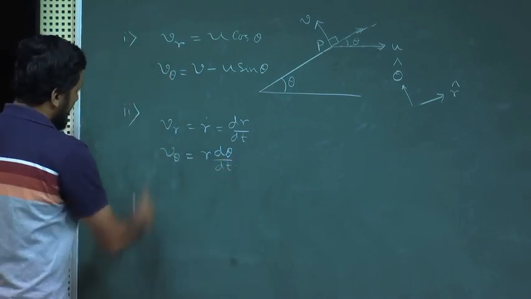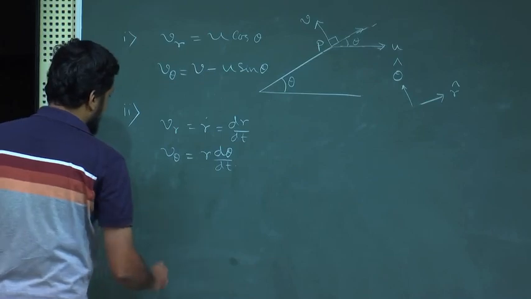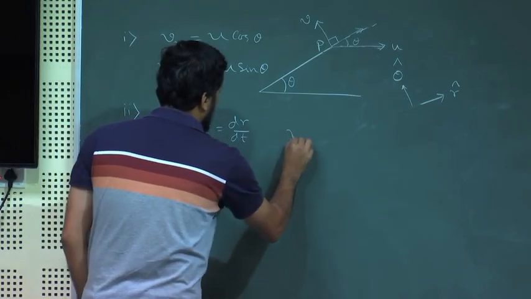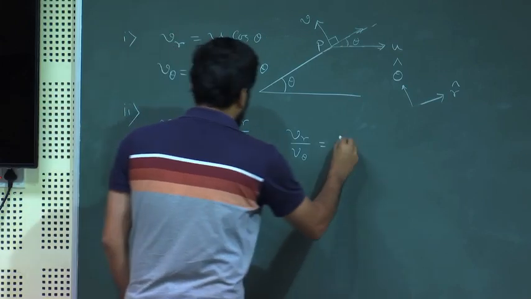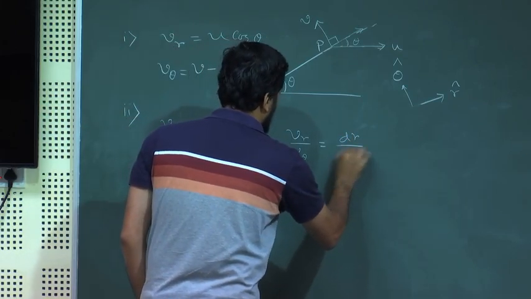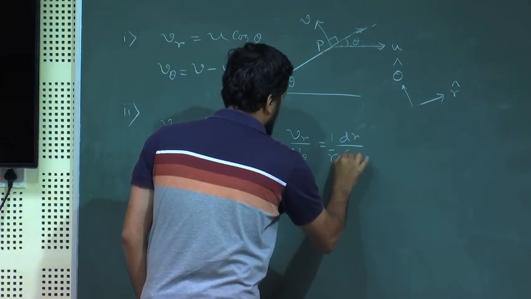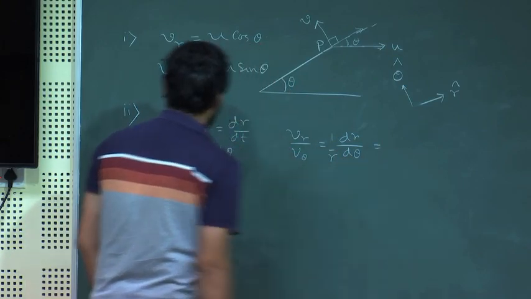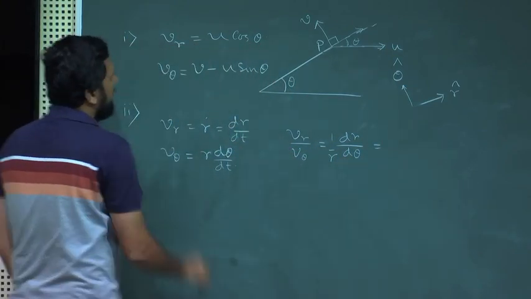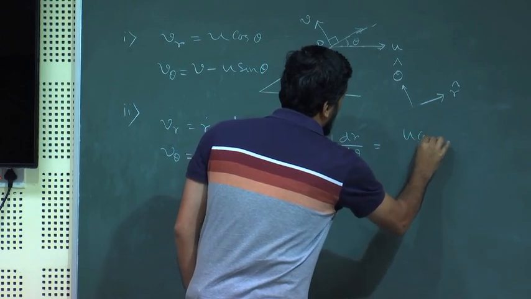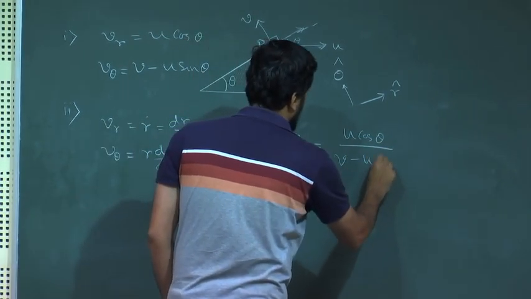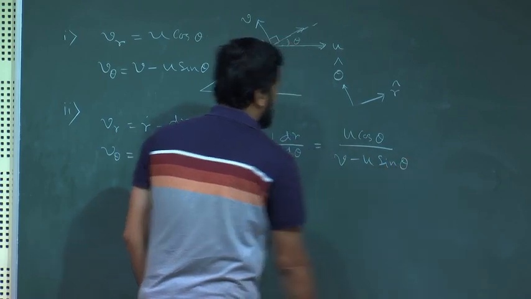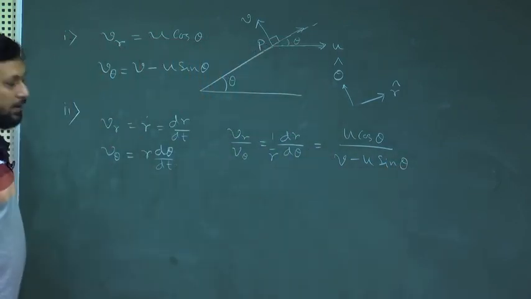So, if we simply divide one by the other, then we have Vr by v theta is equal to dr by (1 over r) d theta, which from this we get u cos theta over v minus u sin theta, right.